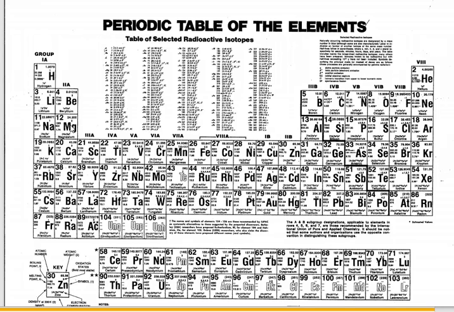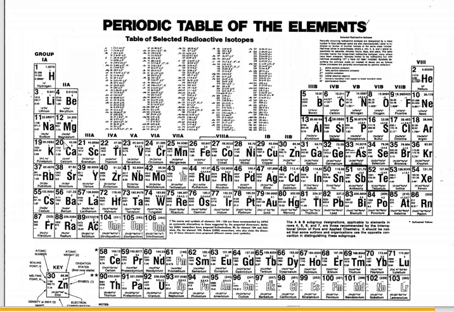And interestingly enough, if we go down to calcium, it has 20 protons. It weighs 40, so it's got 20 neutrons, so 20 plus 20 is 40. It's got 20 electrons, so it's got 2 in its first energy level.